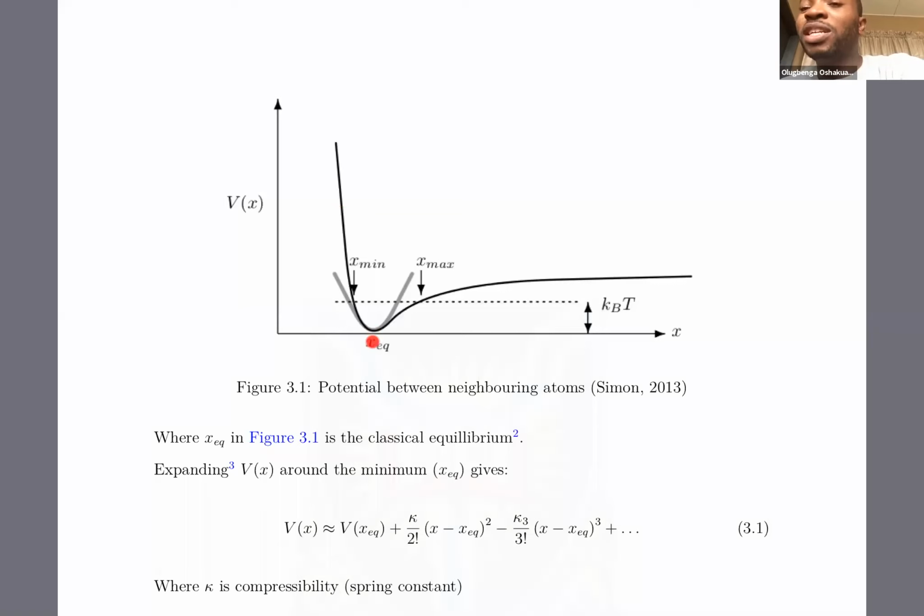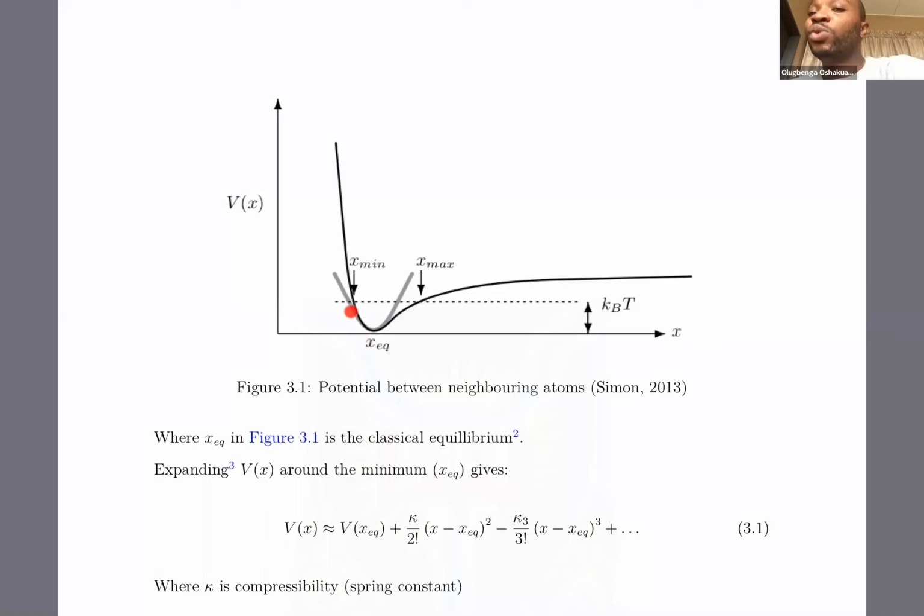So it depends on the nature of the material. The x equilibrium for sodium is not the same for lithium. And this x equilibrium is like the spacing between two atoms. The way we obtain this x equilibrium is we solve the Schrodinger equation to determine the point where we would have the lowest potential.